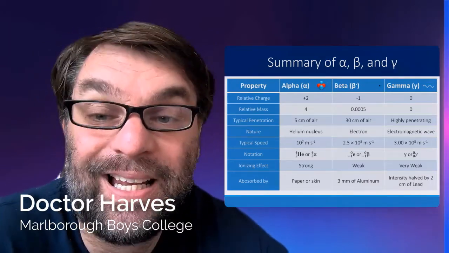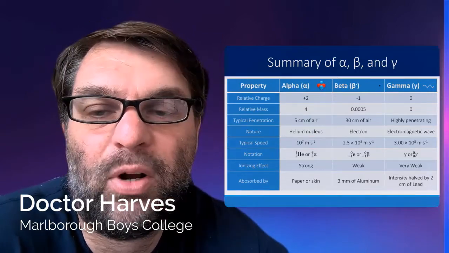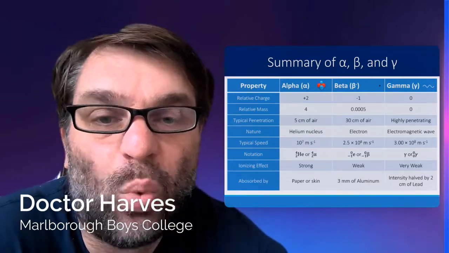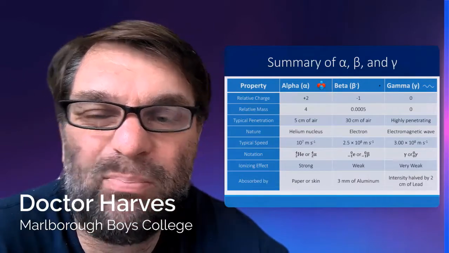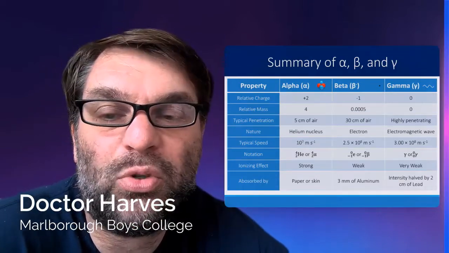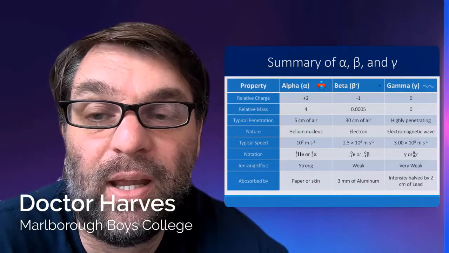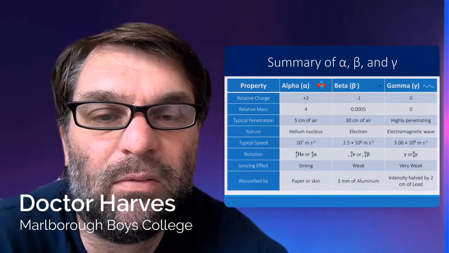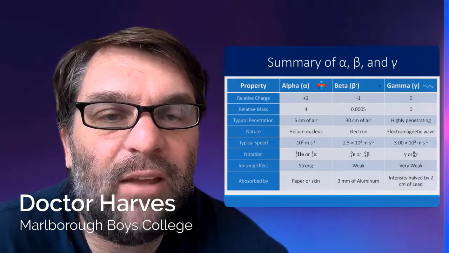The alpha particle is a helium nucleus, the beta particle is a high-speed electron, and gamma radiation is electromagnetic radiation, a wave. Typical speed of an alpha particle is about 0.7 to 0.8 of the speed of light, beta about 0.9 the speed of light, and gamma radiation, being a wave, travels at the speed of light. That's the notation for the different ones.